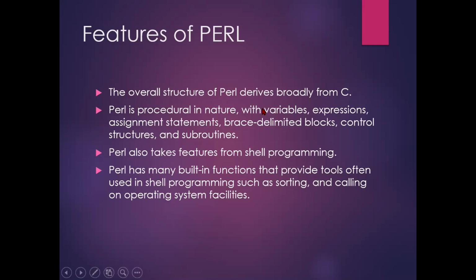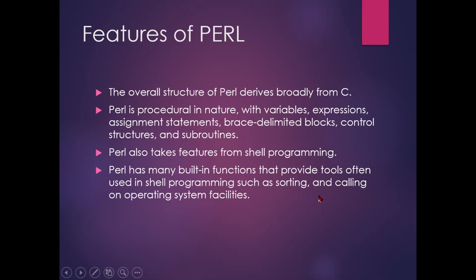So what this point explains is that with all these characteristic features, it is procedural in nature. Perl also takes features from shell programming, and it has many built-in functions that provide tools often used in shell programming, such as sorting and calling on operating system facilities.